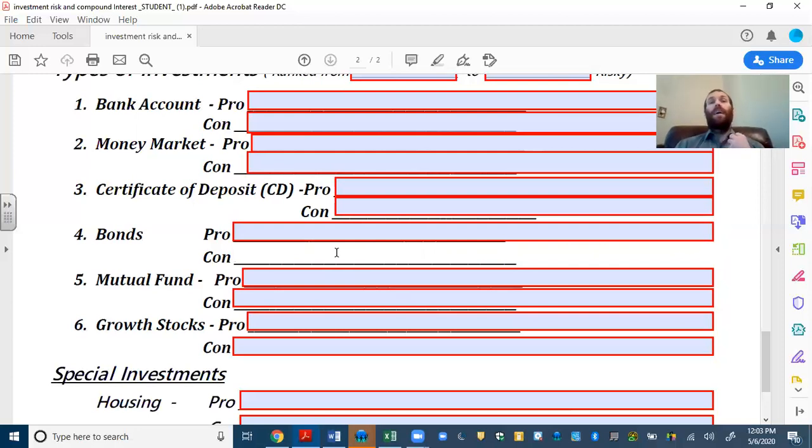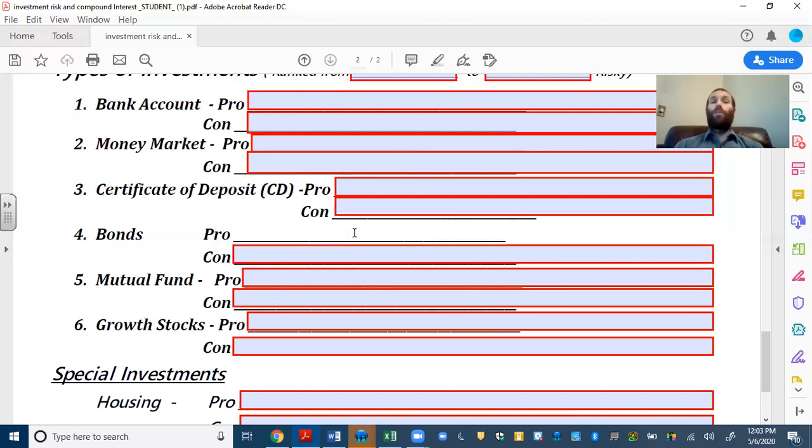It's when the government gives you a sheet of paper, or you give the government money, they give you a sheet of paper saying, I owe you money, and I promise to pay you back this amount at this time with this much interest. So you can, in fairness, sell bonds to other people, but that market can be volatile and you can lose money or gain money that way too. But it's not very liquid. You have to wait until the agreed upon time to cash your bonds in.